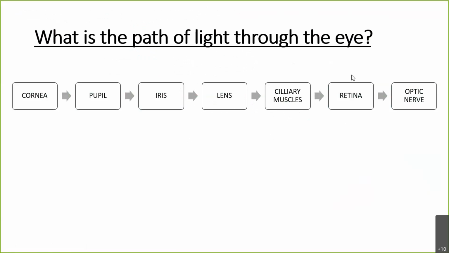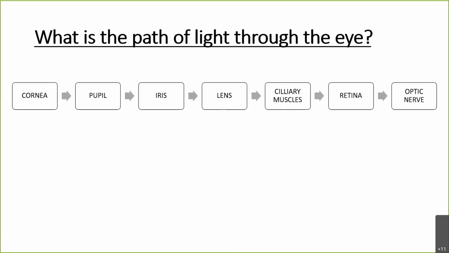So what is the path of light through the eye? So the first place it has to pass through, of course, is the cornea, okay? Then through the pupil, the iris, the lens, ciliary muscles, okay?